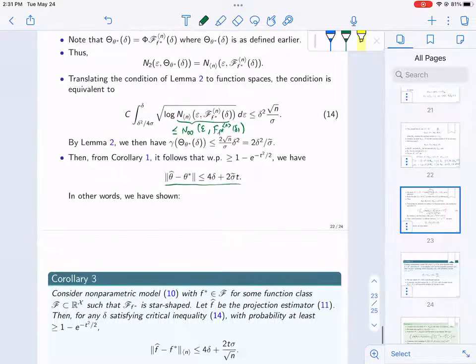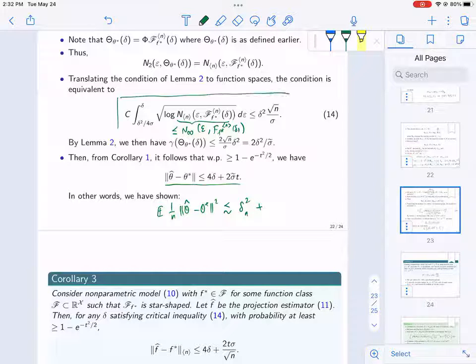In terms of the expectation, we showed that 1 over n times theta hat minus theta star squared is, up to a constant, bounded by delta n squared. Here delta n is the smallest delta that satisfies this critical inequality, the smallest solution of this.